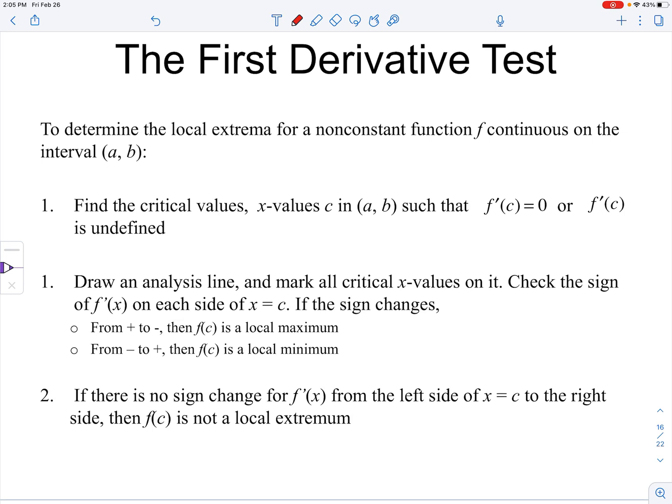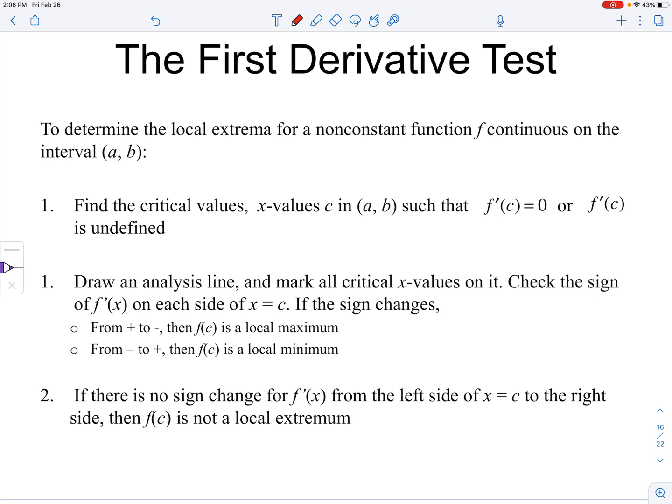Then draw the analysis line, and you're going to put on it all of your critical values in order from left to right. Then using test points, you're going to check the sign of the derivative on each side of those critical values. So you're checking the sign of the slope of the tangent line to the left and to the right of each critical value.